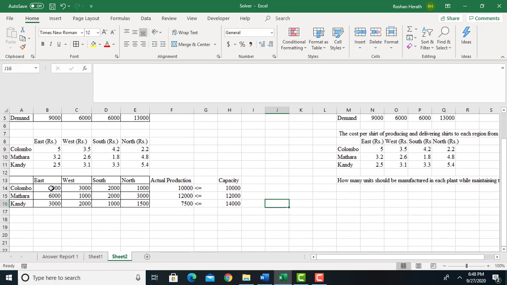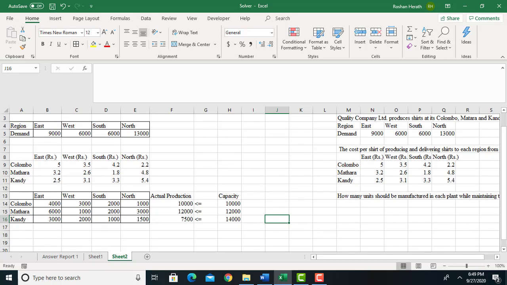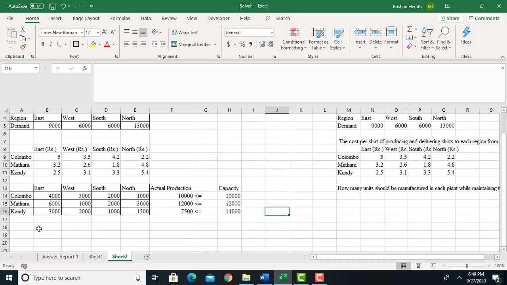Then when it comes to the deliveries, you can see that using the 3 plants you have delivered to the east region, west region, south region and north region. And you also know what the demand is. If I take the demand over here in each of these regions, you need to fulfill that particular demand. Demand has to be fulfilled.